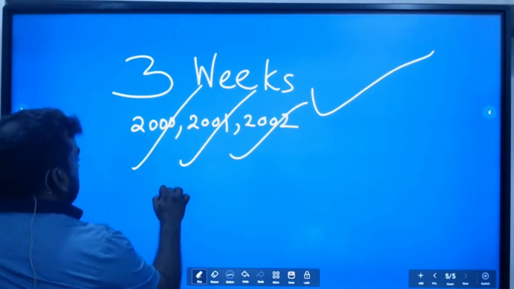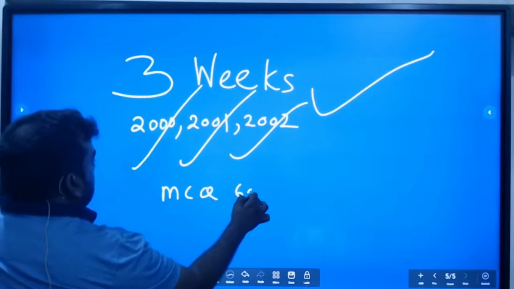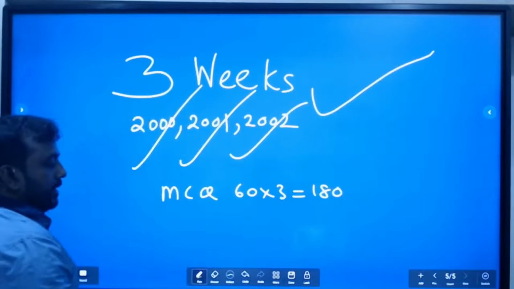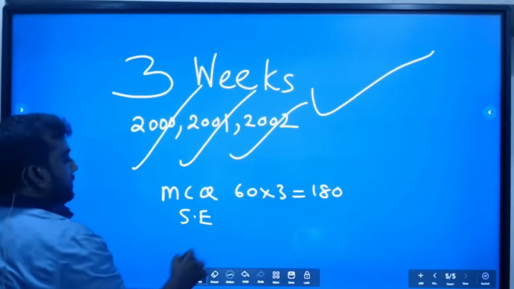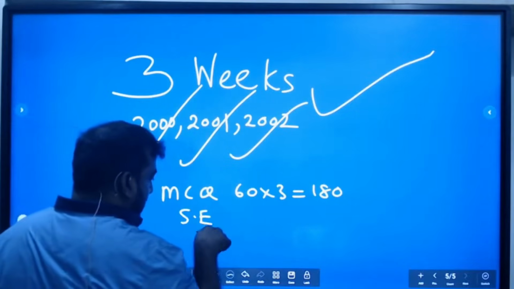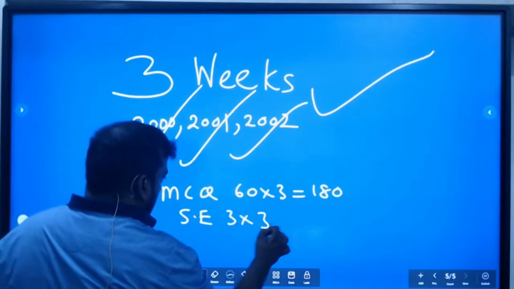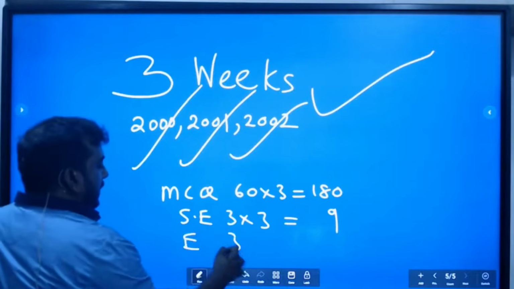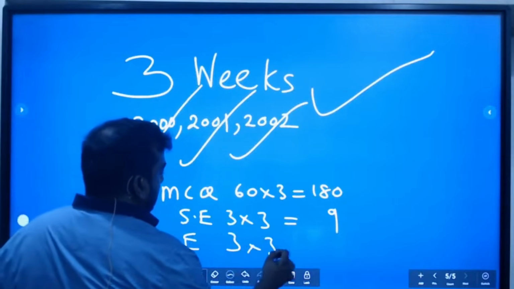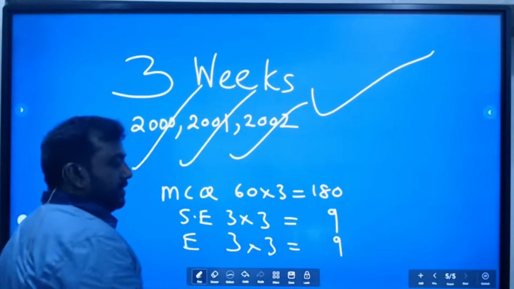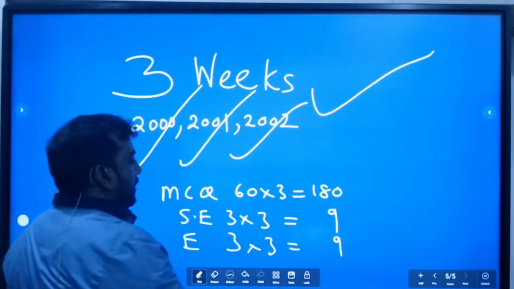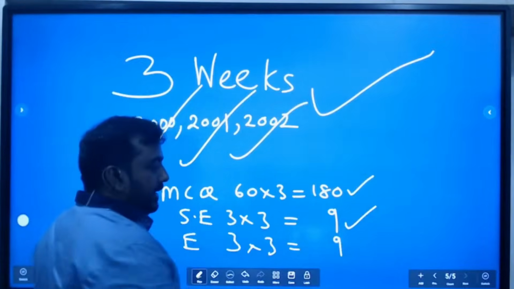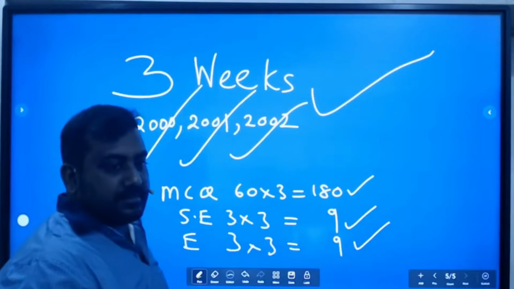How many MCQs? Each paper 60, times 3, 180. Structured essays, 9. Essays, 9. Altogether 180 MCQs, 9 structured essays, 9 essays.